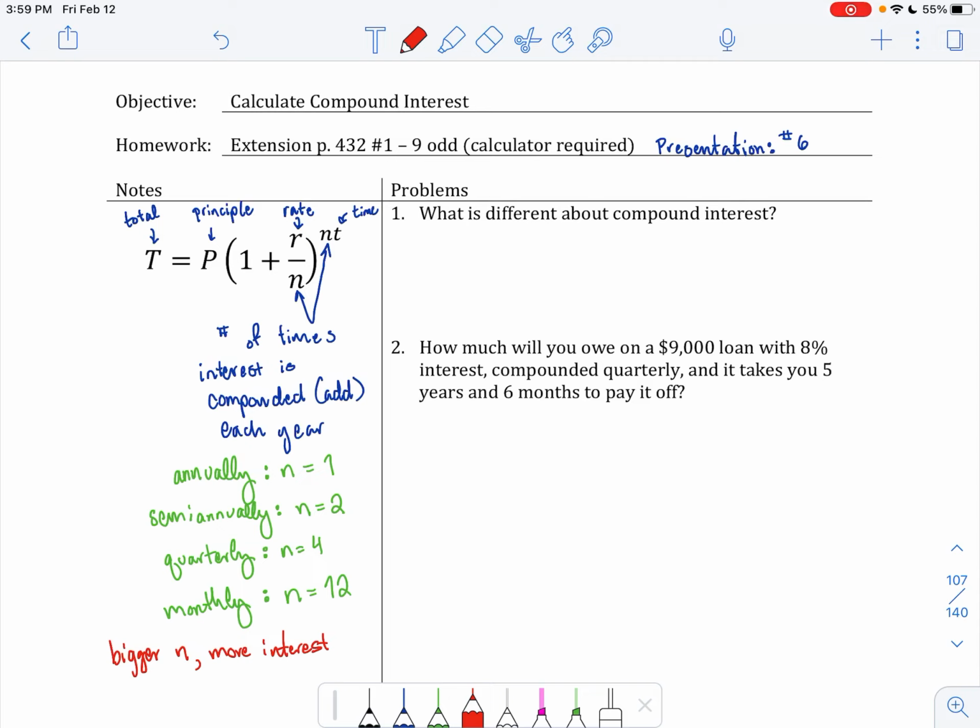Now, here's the question. Number 1, what is different about compound interest versus simple? Here, the main difference is that interest for compound versus simple is based on the total amount, not the principal. If you remember, simple interest was just based on the principal amount.